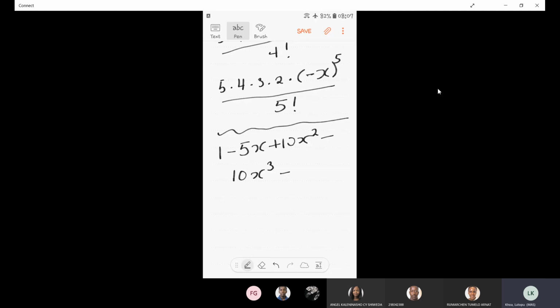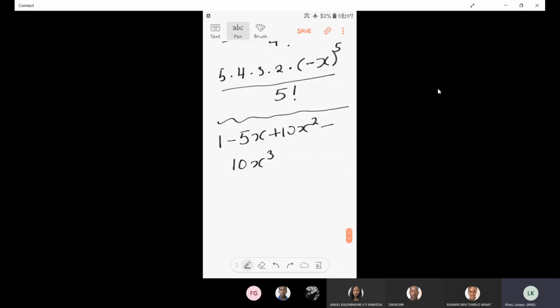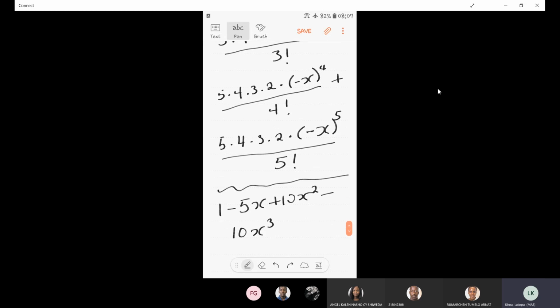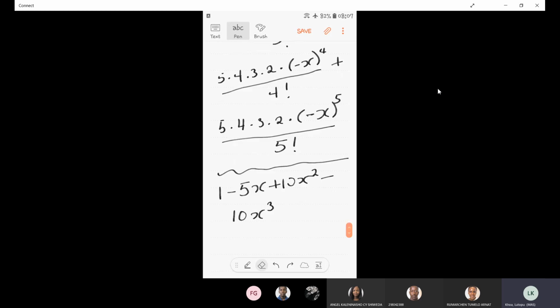Did I skip one? I think I did. The fourth one, sorry. I'm getting confused. The next one, it's 5 times 4 times 3 times 2, and then you see that this part over here, 4 times 3 times 2, is equal to 4 factorial. Okay, so I will be left with 5.